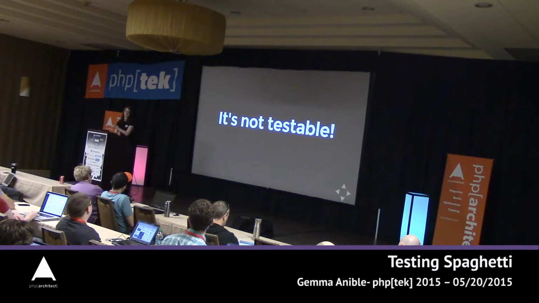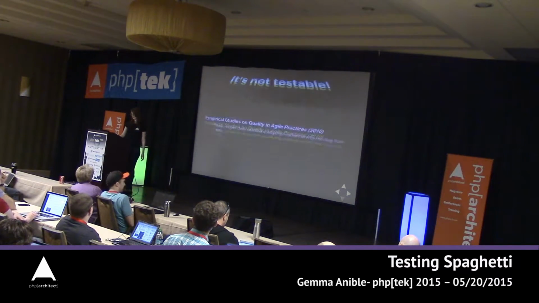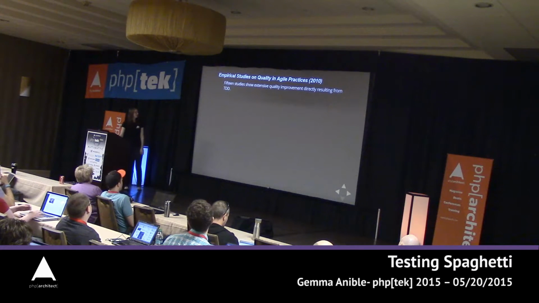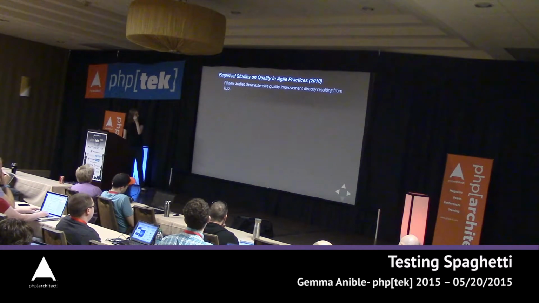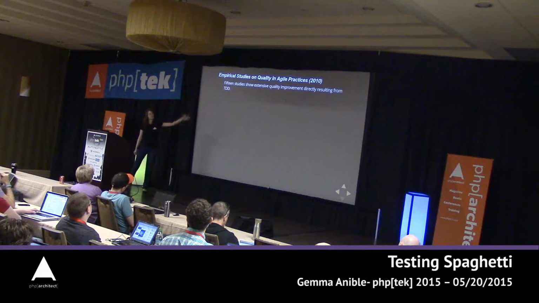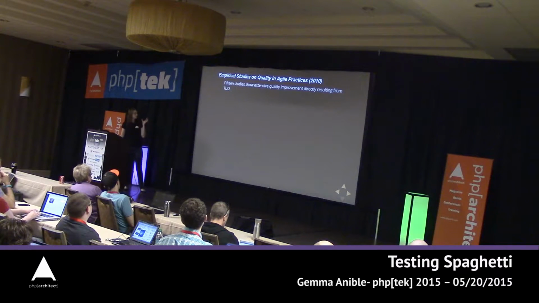If you're not on the testing bandwagon yet, I can see grumpy programmer who's totally on the testing bandwagon, but maybe some of you aren't. I'm going to prove it with science. So this is a study. I think this was in empirical software engineering. But this was a survey of 18 studies that were all sort of reviewing agile practices.